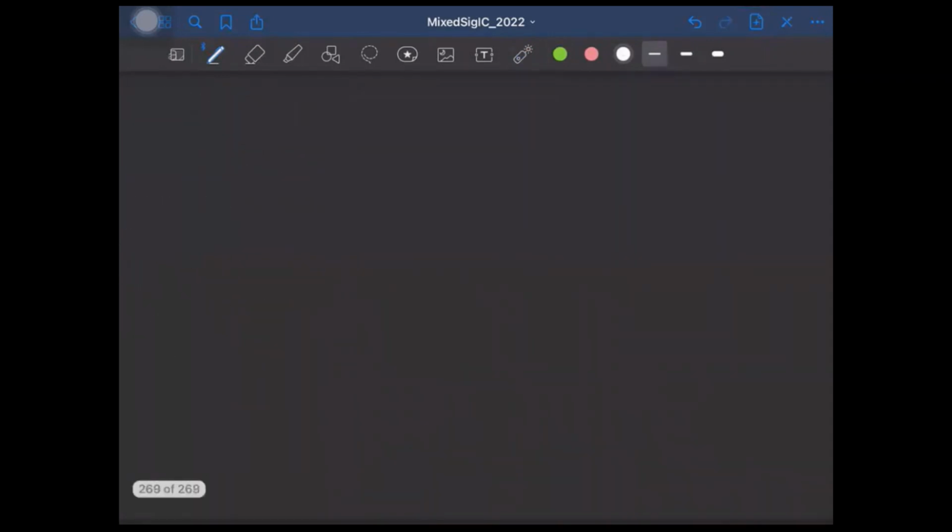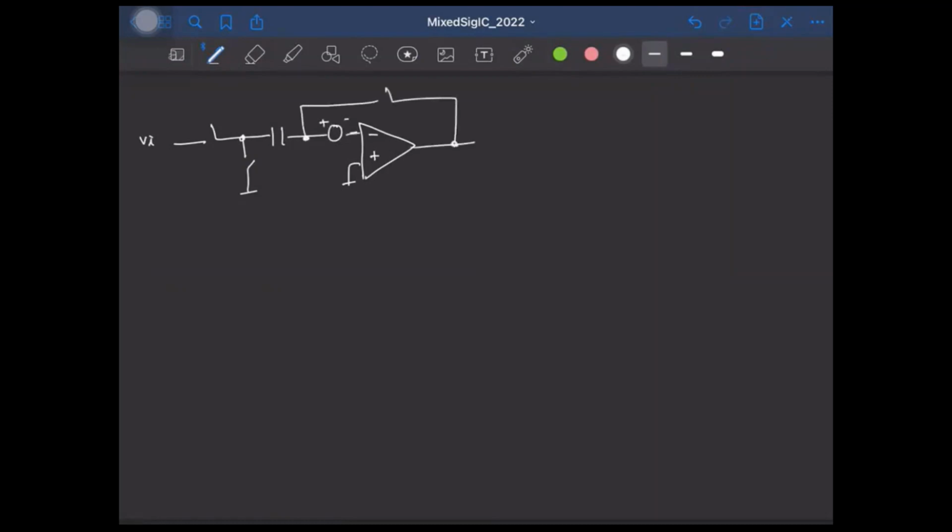So let me draw the circuit again. We have the input here and the preamp like this. I'll also show the offset here. We have it in feedback like this. So let's say this is phase 2, this is phase 1. And this technique is called auto zeroing, where we zero the offset of this amplifier.